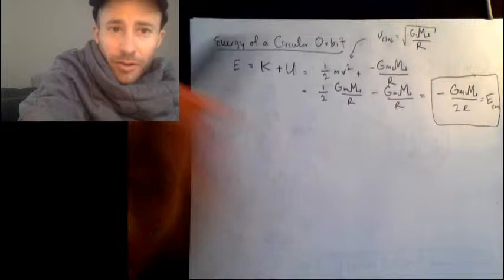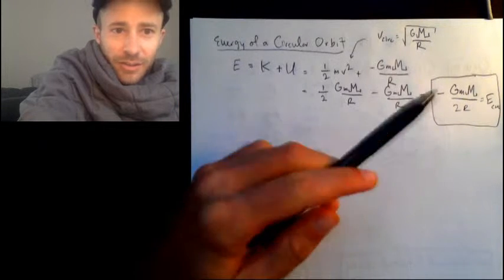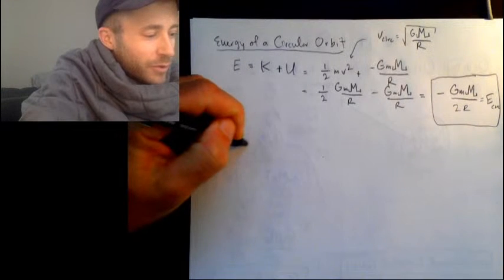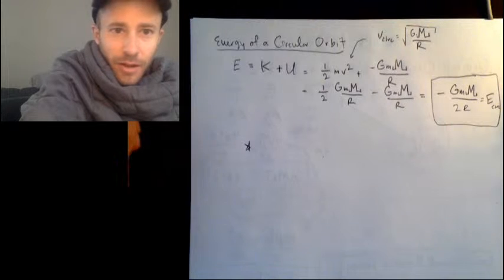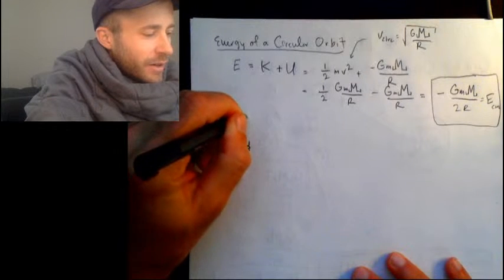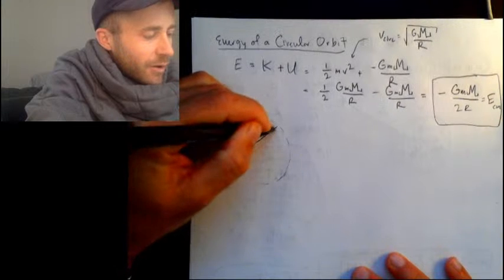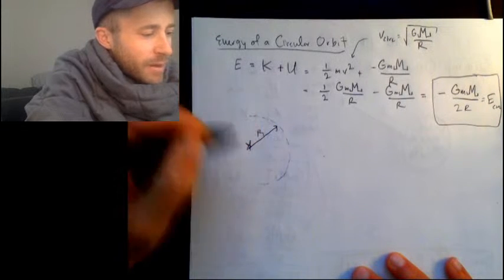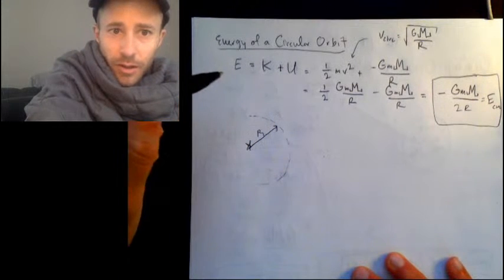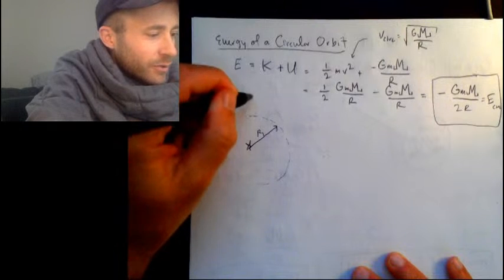So this is one of the things I like about this equation. Let's suppose you have a star, and you're in a certain circular orbit of radius r1, and you want to move into an orbit with a higher altitude, so maybe r2.